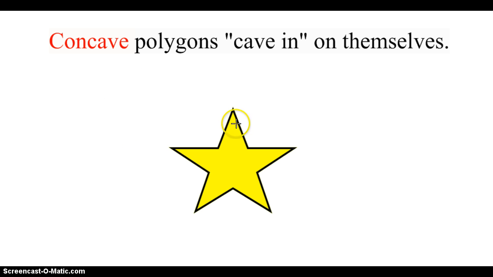But if I take a line segment and I trace one of the sides, now this line segment right here has gone through the interior of this polygon. So that is why it's concave. So cave in, that's pretty easy. Normally they will cave in, but as long as those caves don't go through the interior, it could be convex. But most times if it caves at all, it's going to be concave.